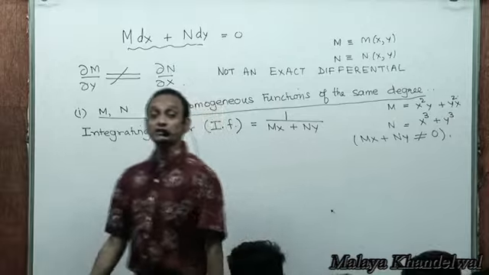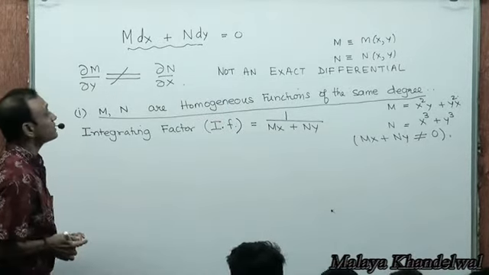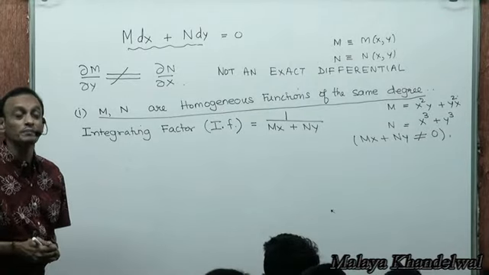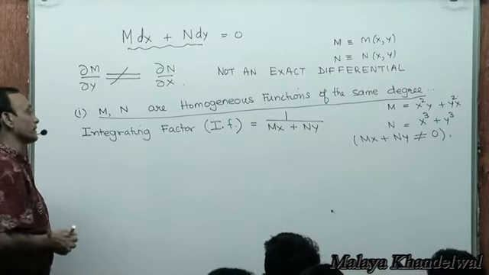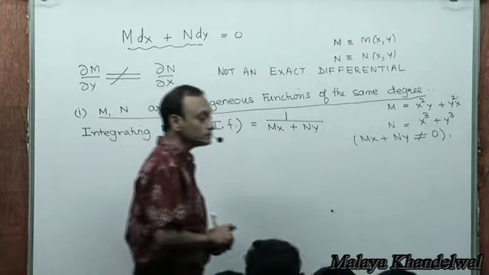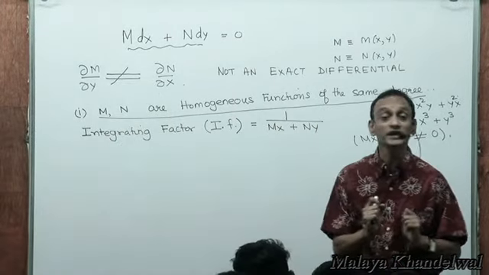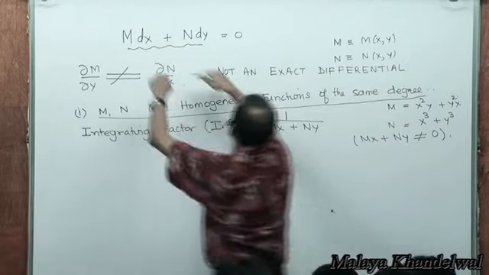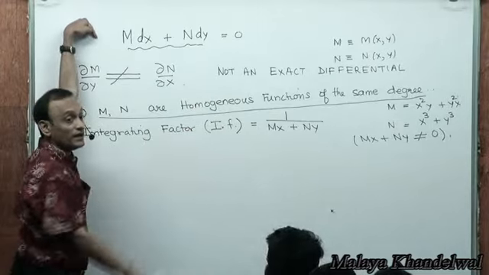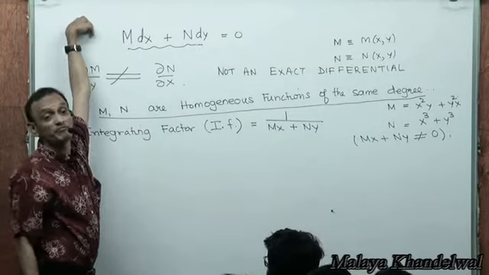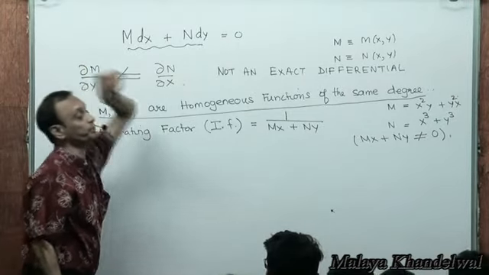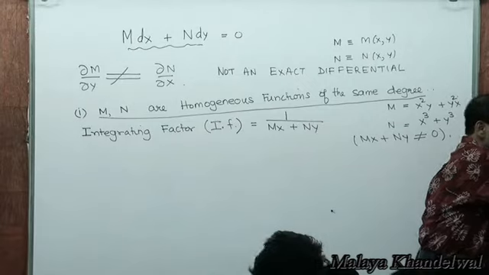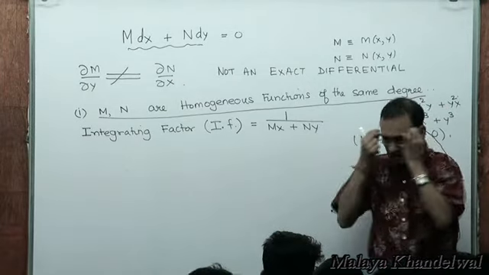The integrating factor for such differential equations is going to be 1 by Mx plus Ny, provided Mx plus Ny is not 0. That means if I multiply throughout by 1 by Mx plus Ny, it will get converted into a perfect differential. Refer to the sheet, we will have some examples which will illustrate.